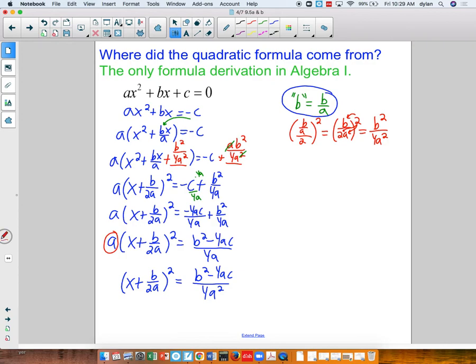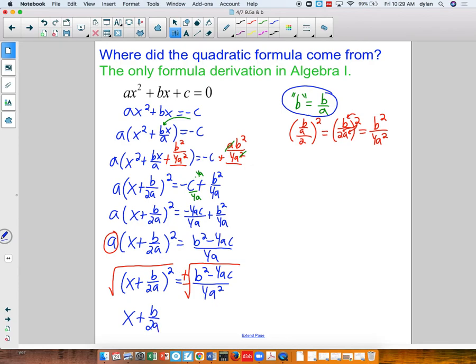Now our next step here is we want to get rid of the square. So we're going to take the square root on both sides. So square root and square root. And we don't forget our plus or minus. So now on the left side, we have x plus b over 2a.